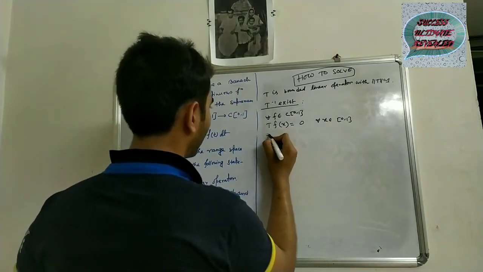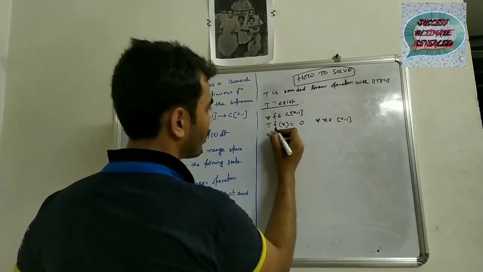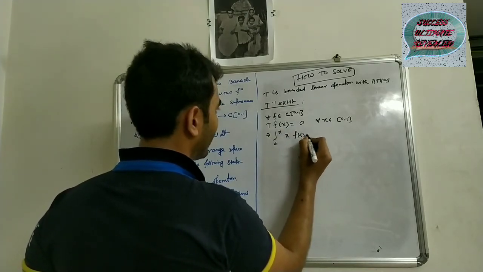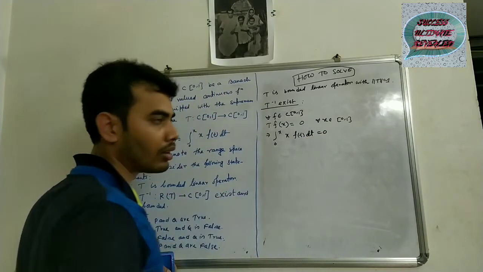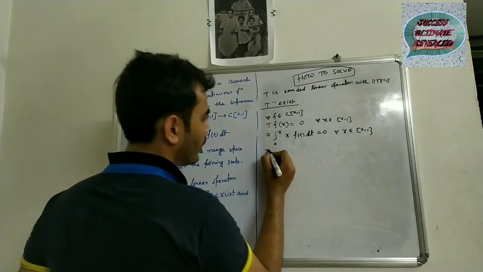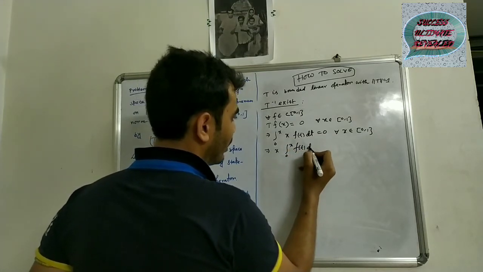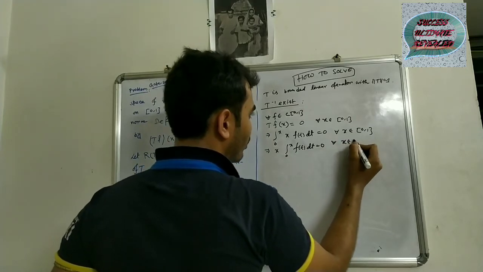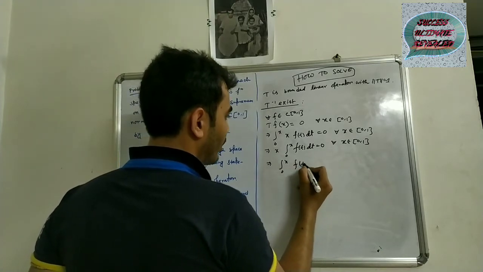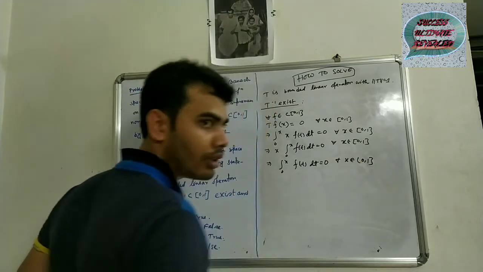So that means the integral from 0 to x of f(t) dt is equal to 0 for all x belonging to [0,1]. Clear? So this implies x into the integral from 0 to x of f(t) dt is equal to 0 for all x in [0,1], and this implies the integral from 0 to x of f(t) dt is equal to 0 for all x belonging to (0,1].